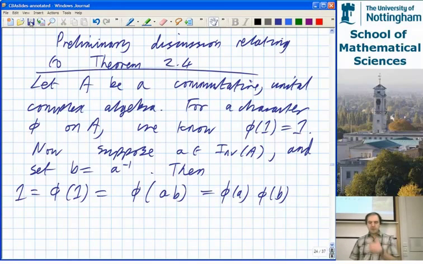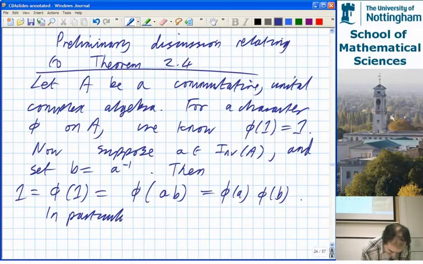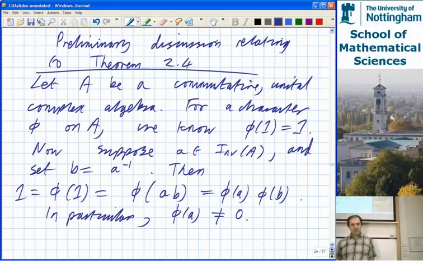So what can you tell me? If you've got two complex numbers and they multiply together to give 1, what does that tell you they can't be? Can't be 0, right? So, in particular, phi of a is not equal to 0. So what do we prove?